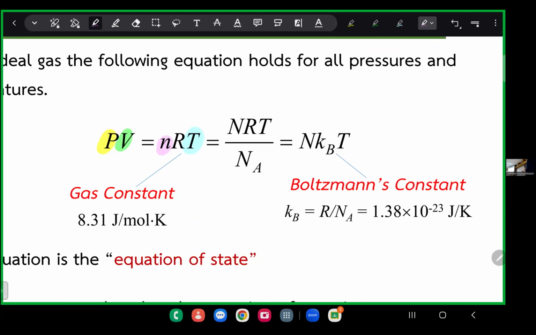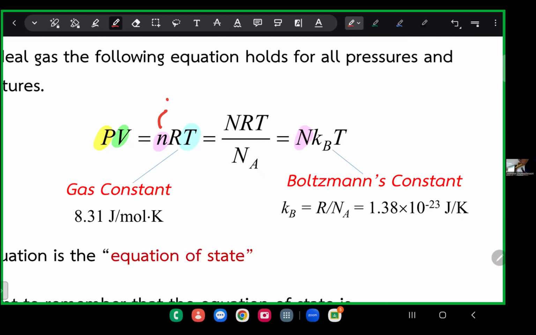And once again, there is another common way that you can quantify the amount of gas in the system by using the capital N. That is simply just the number. So the small n represents the amount in moles. The capital N is just a pure number. That's the difference, okay? But the structures of the equation look the same. If you use the mole, you couple with a constant R. That R is called the gas constant.